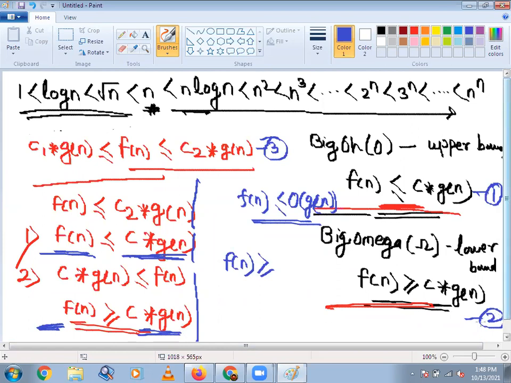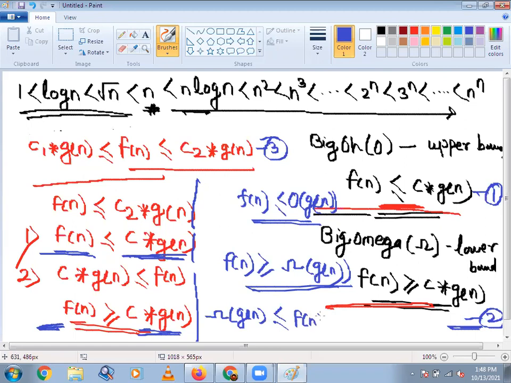That is, from the second equation we can write omega of g of n. That is, we can write omega of g of n is always less than f of n, which is always less than big O of g of n.